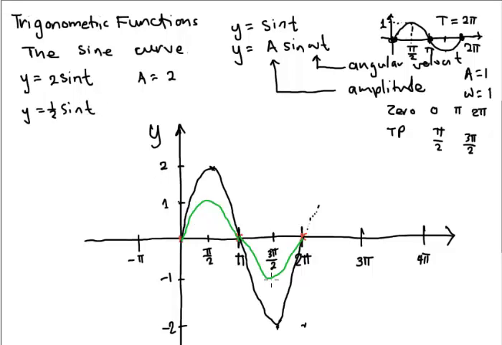So instead of getting the usual 1 here, it's going to get half, isn't it? And then it's got the usual 1, it's going to get half. So which means the curve now is going to go not very high and not very low. Altogether, guys, that is the effect of the amplitude.